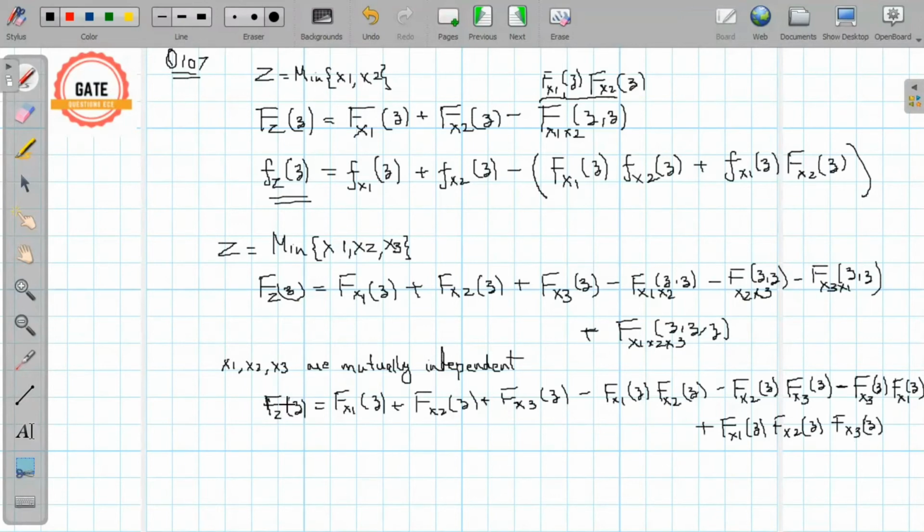Now to get the PDF of z, you can simply differentiate both sides of this equation.